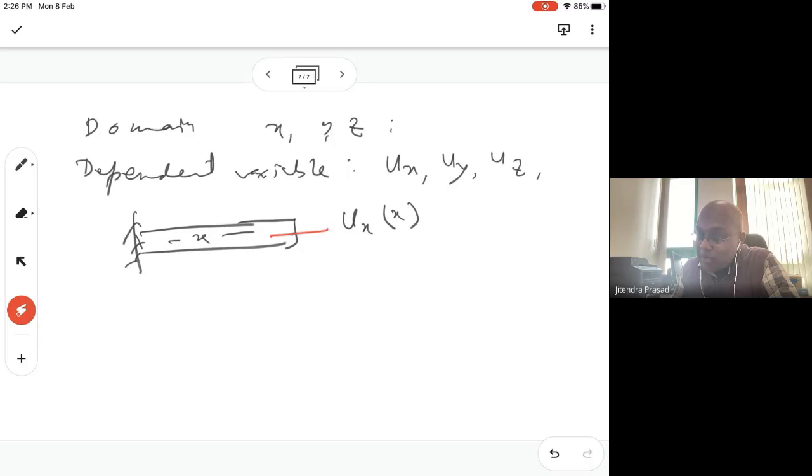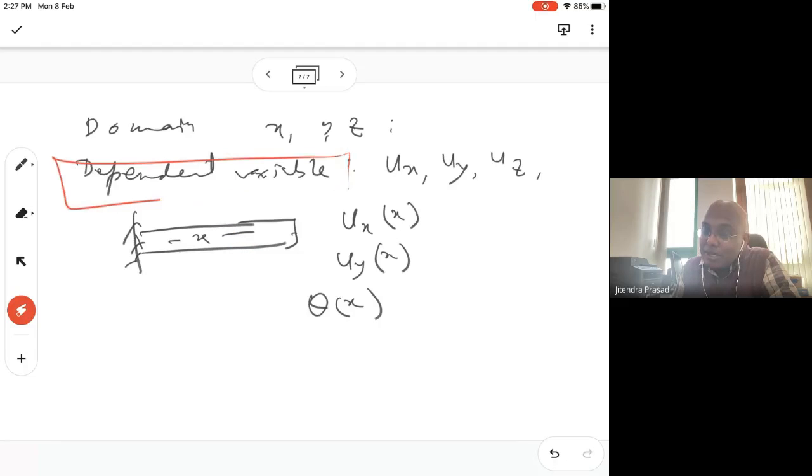Ux means how much you are moving in this direction. Then uy, a function of x, depending on the x, is how the beam goes up and down. And similarly you will have theta, which will also be a function of x, meaning at this x, how you are rotating. So the number of dependent variables in this case becomes the degrees of freedom.